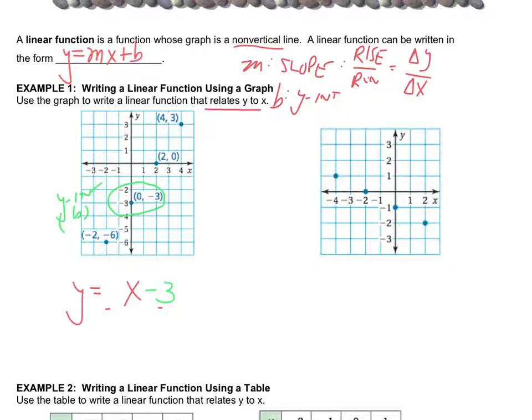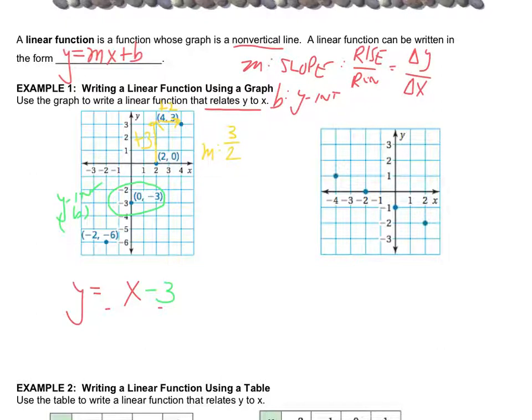So I'm just going to start with (2, 0), and I'm going to go to (4, 3). So if I start with (2, 0) and I do my rise, 1, 2, 3, we go up 3. Then I'm going right 1, 2. Remember, up would be positive, right would be positive. My m is 3 over 2.